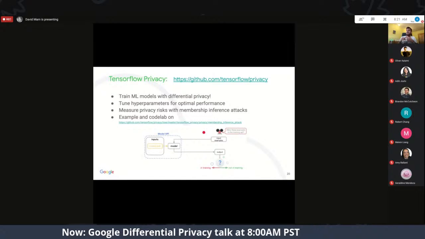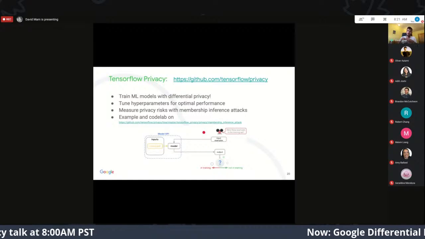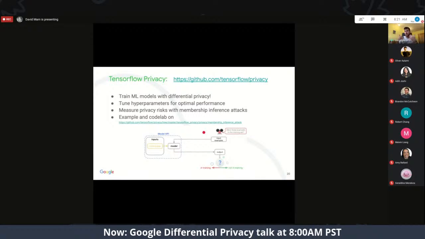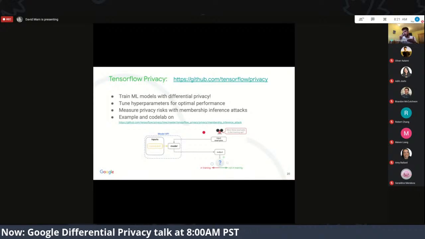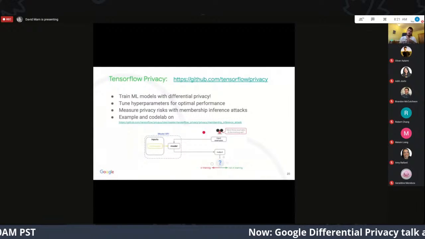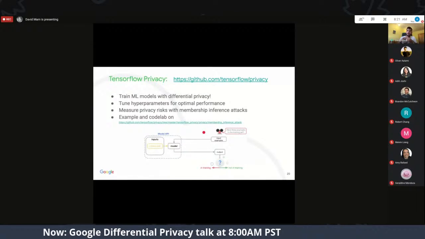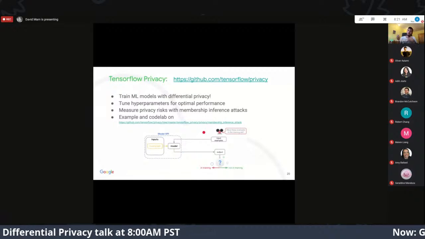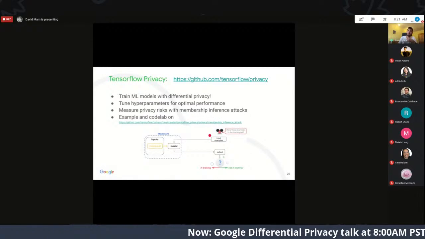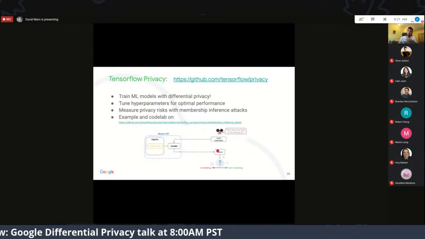Now, in case differential privacy is not suitable for the machine learning model that you work on, you can still measure the amount of privacy risk by doing some empirical tests. For instance, we have recently open sourced a library that allows you to execute membership inference attacks. And again, the link to this GitHub page is shared on the Discord channel, but the idea here is that we have this attacker that has a few input examples, and they query the machine learning model that's publicly accessible, and they get some output out of it.